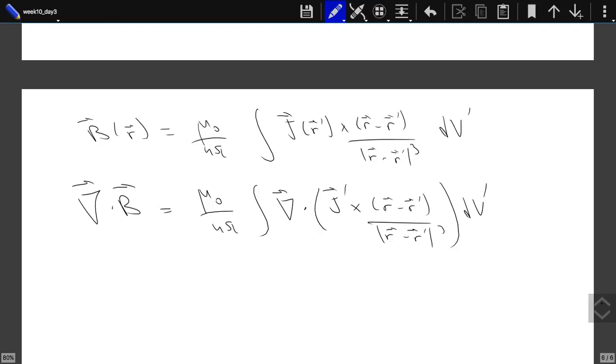Now, first, let's try to move this derivative to here.